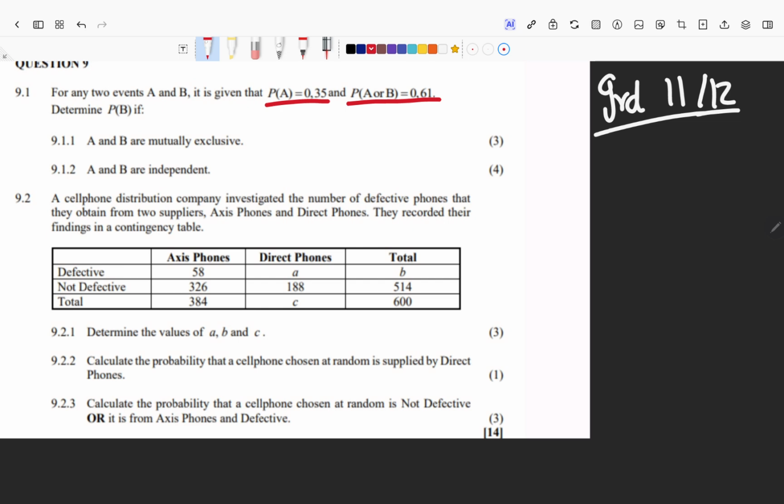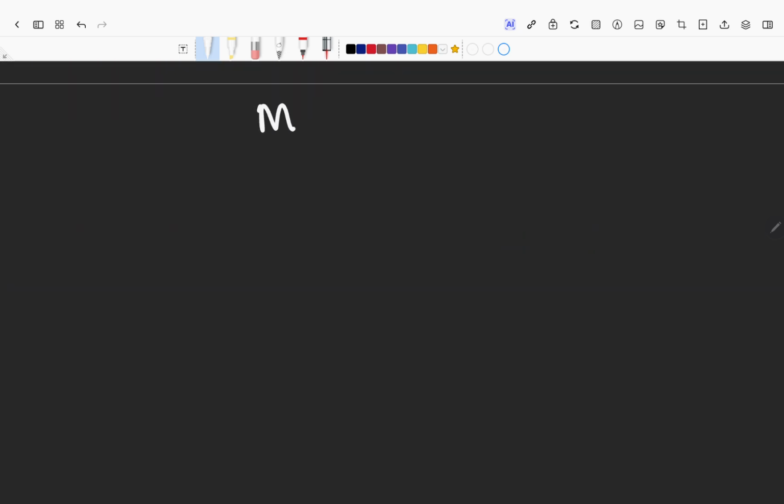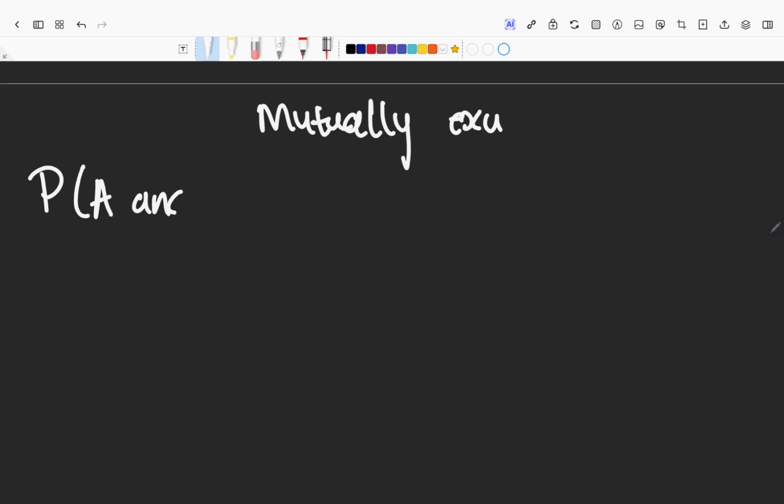So I want us to look at the word mutually exclusive. When we say that two events are mutually exclusive, we mean that the probability of A and B is equal to 0.